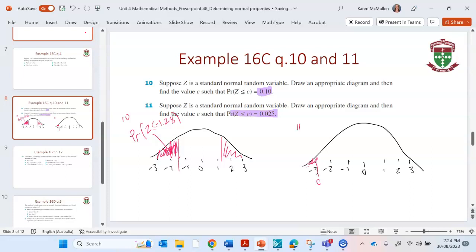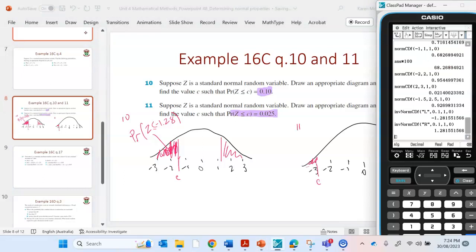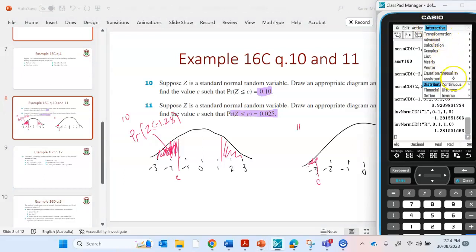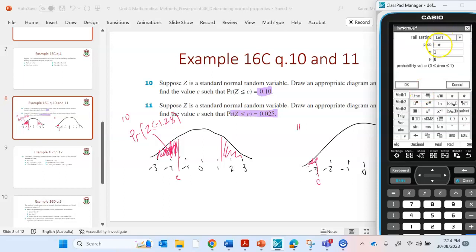Just like it was here. But we can just do that on the calculator. The only thing we need to know is that it's on the left side. Drawing it just helps you make sure you don't do the wrong one. To the left, to the left, to the left. Then 0.25, and it's a standard normal, so it stays as 1 and 0.